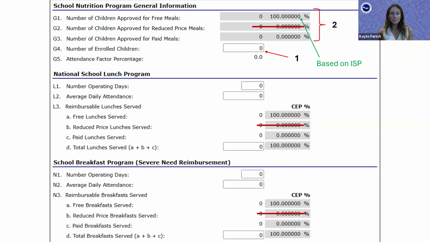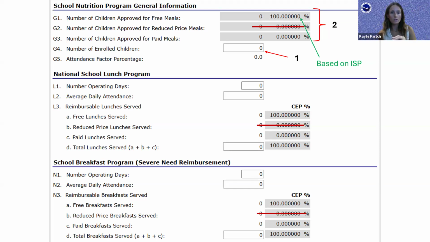And I know there are buildings here who have a 100% free level reimbursement rate for CEP because they have a high percentage of students categorically eligible for free meals. It made their identified student percentage 100. When you complete a claim, the 1,000 that you manually enter is also going to be copied as 1,000 lunch meals, for example, in the free claim category.